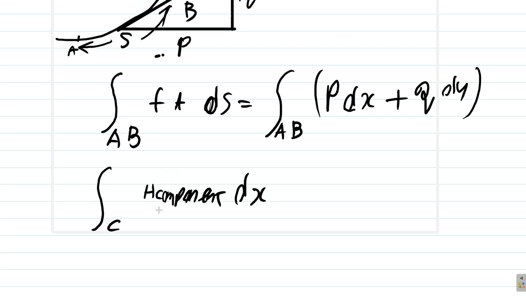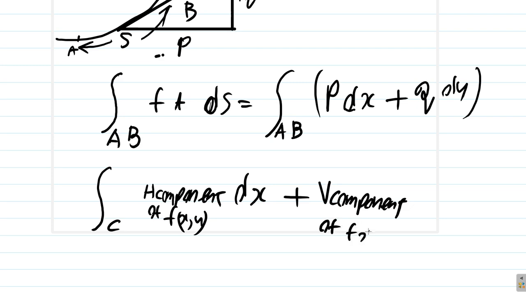The horizontal component of a function of x and y along this, plus the vertical component of our function of x and y times the change in the vertical distance y, alright?